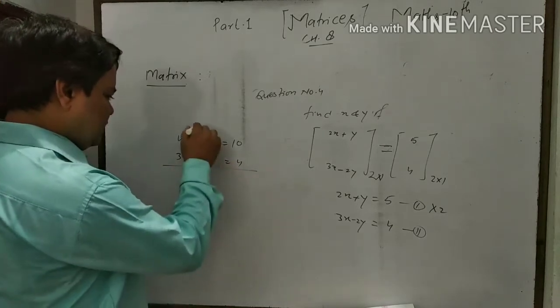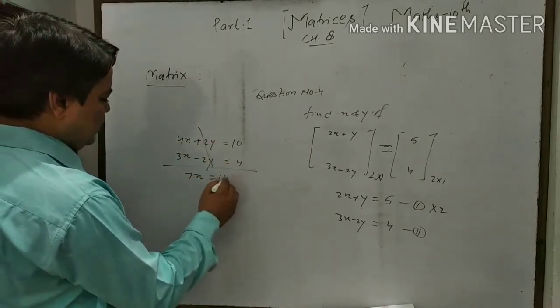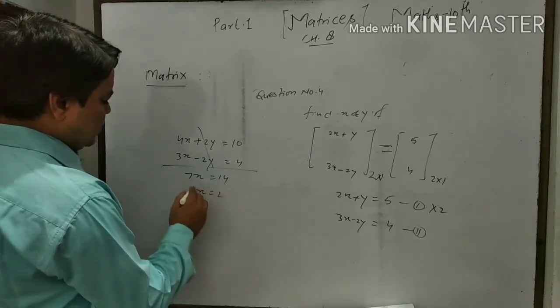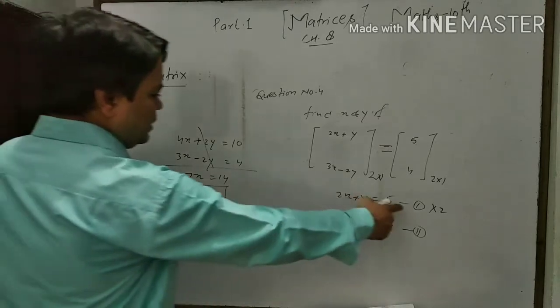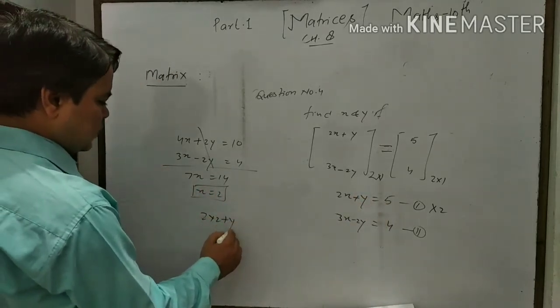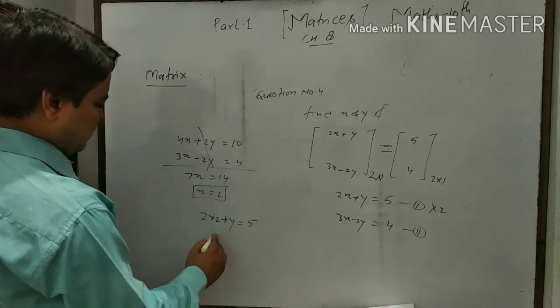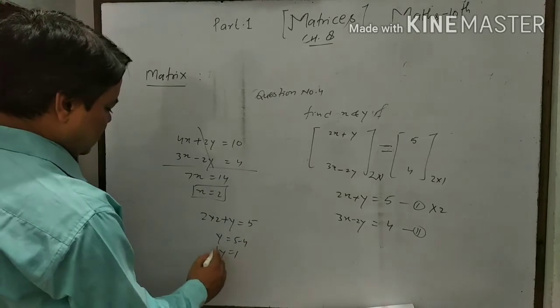Now add them. If you add, the y terms will cancel. And 4 plus 3, 7x is equal to 14. Then x is equal to 2. Means the value of x will be equal to 2. If you put the value of x in the first equation, then 2 into 2 plus y is equal to 5. Means y is equal to 5 minus 4, which is 1.